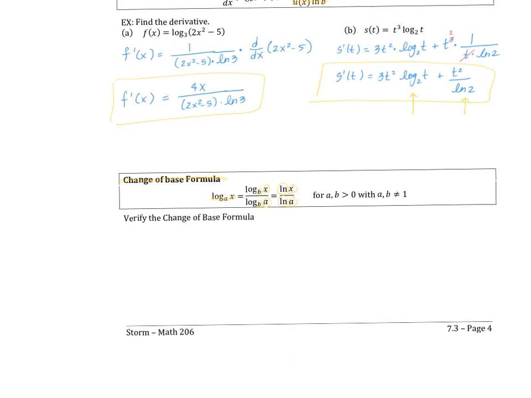So what we're going to do is we're going to verify this formula. I'm going to let y equal log base a of x. Notice in its exponential form, that means it would be a to the y is equal to x. So what we can do in any equation is we can take the log on both sides. So I'm going to take the log base b on both sides of this equation.